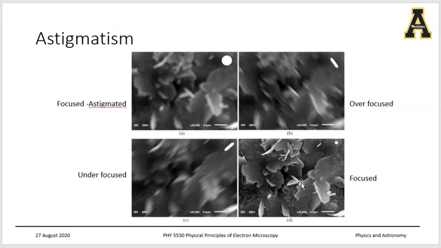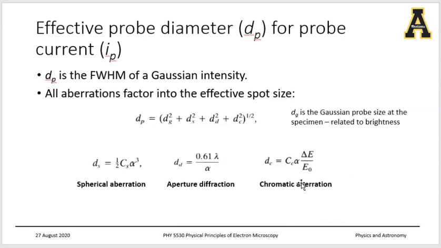And I touched upon this a bit in the last class, where I said that the probe beam is Gaussian in nature, and you can use the full width at half maximum of that to determine the probe diameter, right? But that was without considering any kind of aberration. Now let's take into account the aberration itself.